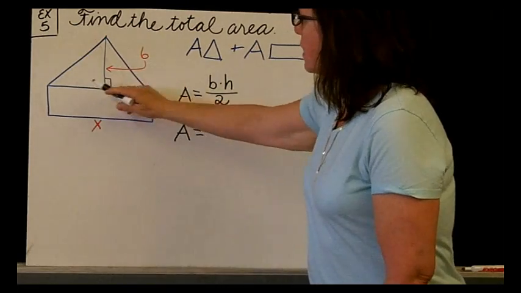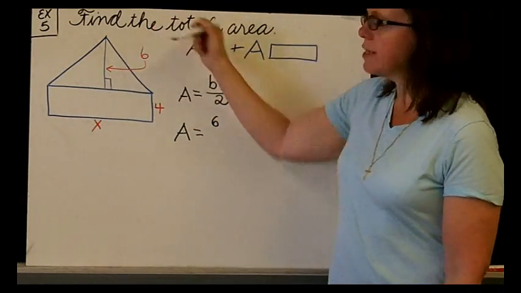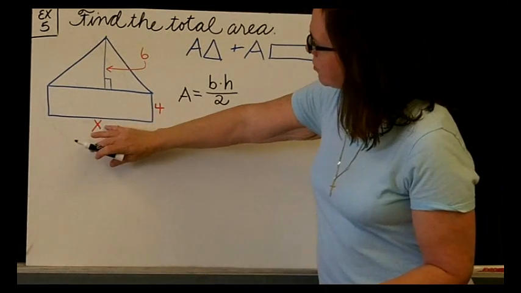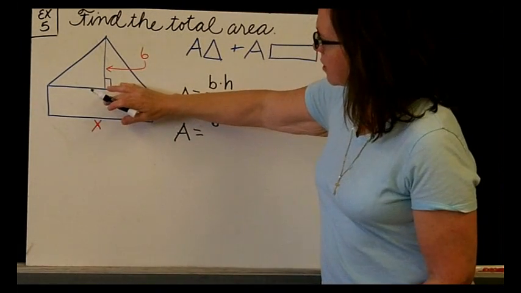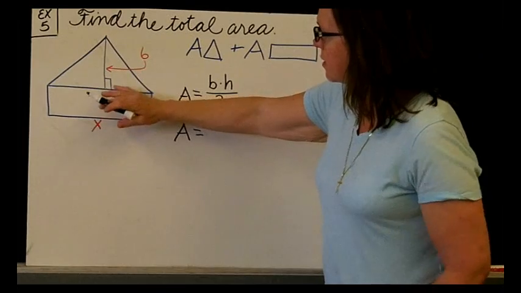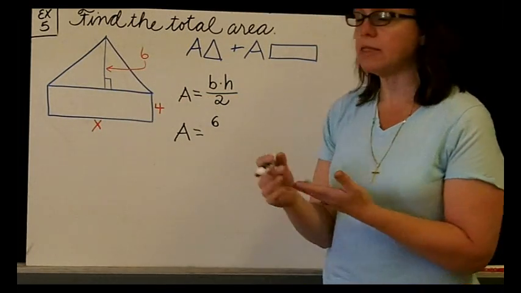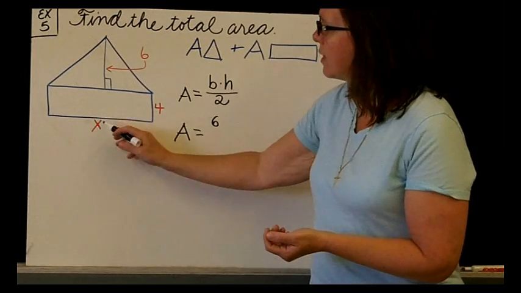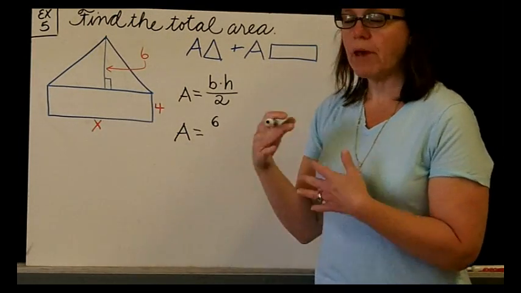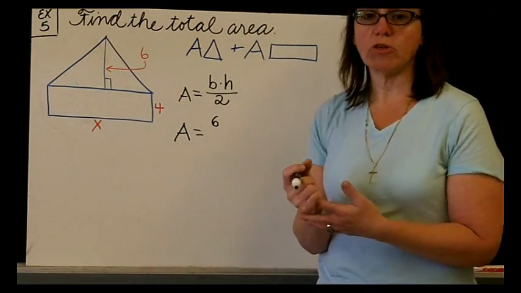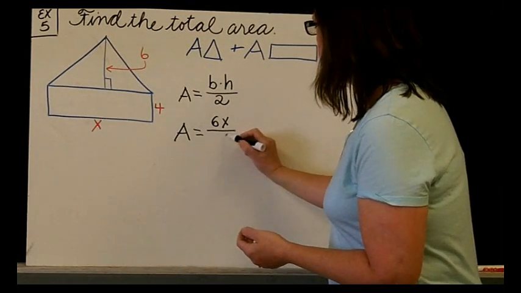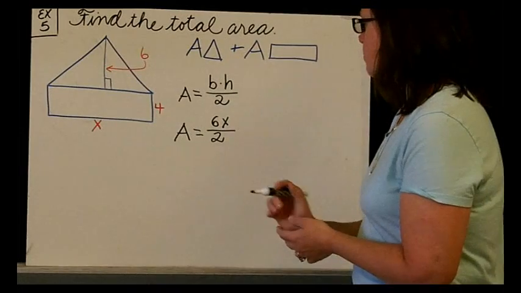But our base of the triangle isn't labeled, so what do? Don't panic. You'll notice that the base of the triangle is the same as one of the sides of the rectangle. And in rectangles, you know that opposite sides, the parallel sides, have the same measurement. So the base is x, and we have to remember to divide that by 2.